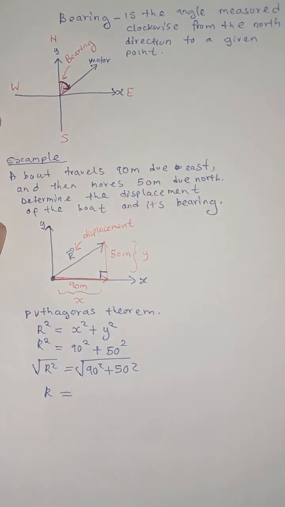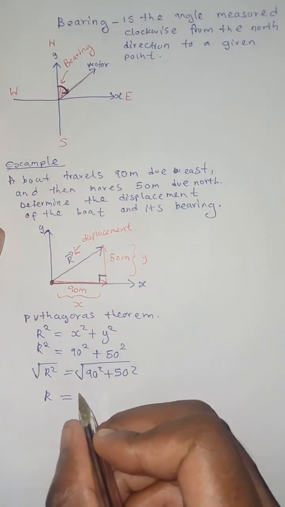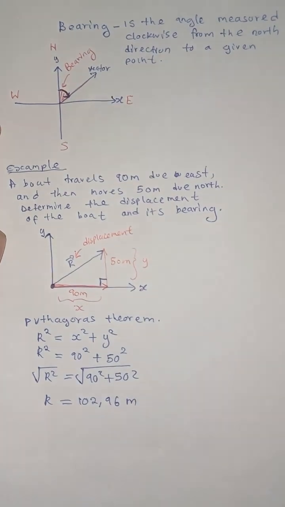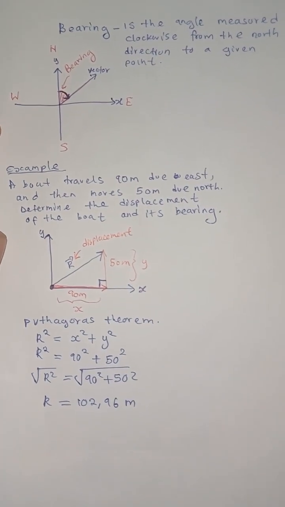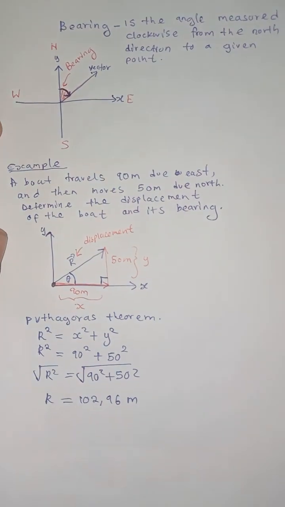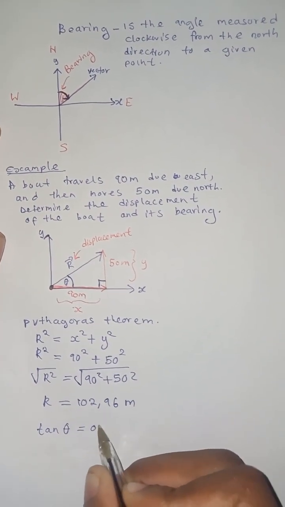When we use the calculator, we'll get how much, 102.96 meters.